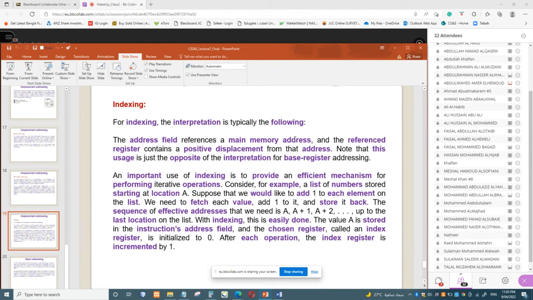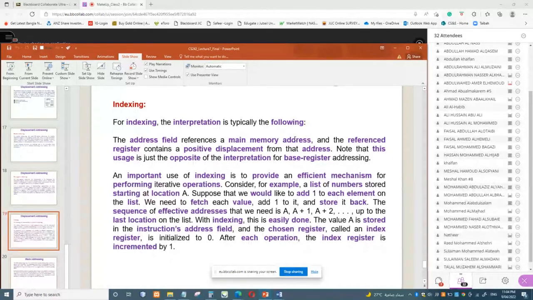In base register addressing, the instruction contains the number of the register that holds the starting address, and the instruction itself contains the displacement. You get the starting address from the register, add the displacement, and you get the effective address of your operand.